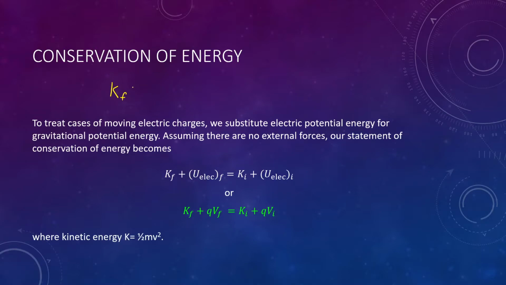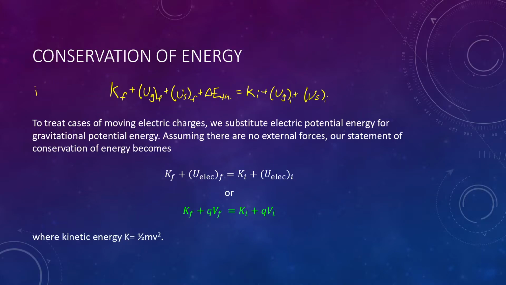It looked like K final plus, let me think, we had plus UG final plus US final plus, I believe we also included delta ETH, and then equaled all the initials. So K initial, UG initial, and US initial. This was our conservation of energy equation back from Physics 1.